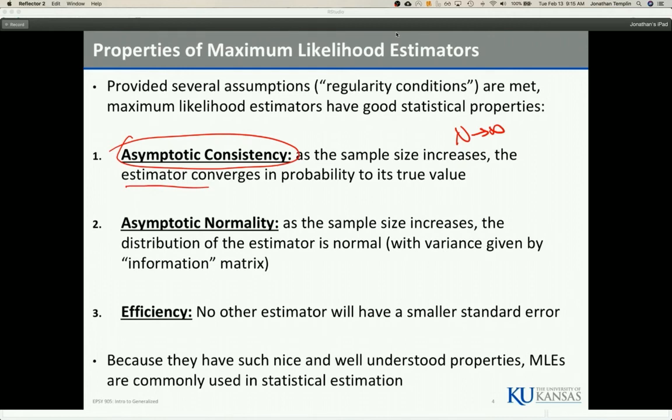But again, that's assuming the assumptions are met, or the regularity conditions, an ill-formed description of what the assumptions happen to be. Another part that we get from this is asymptotic normality, which means as your sample size increases, the distribution of the estimates are normal. So the distributions are normal, which is great because now we are able to do things like our Wald test, where we took our estimate, like beta hat, and divided by the standard error of beta hat.